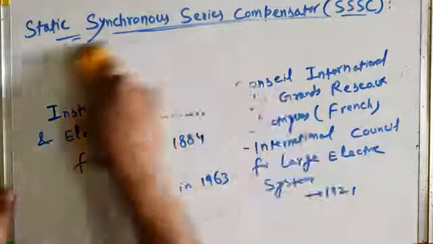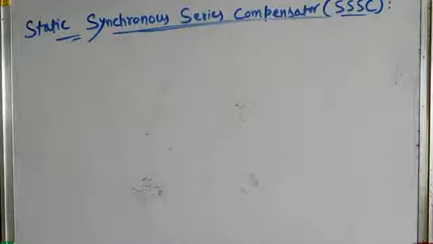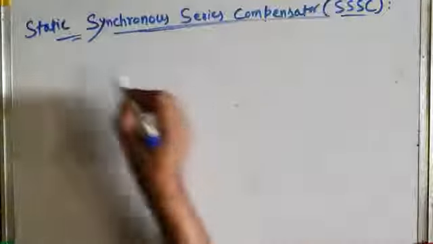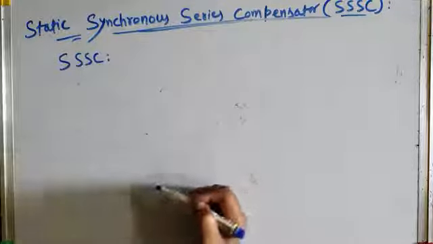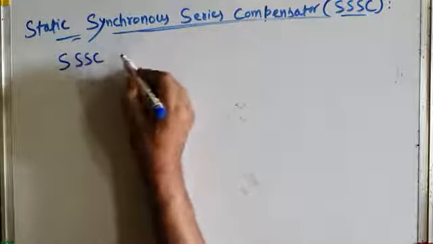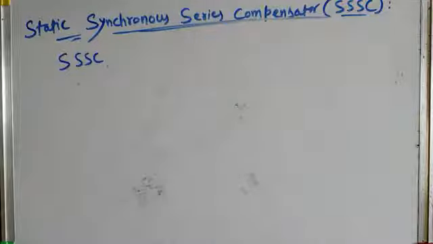These two organizations have given a definition of the static synchronous series compensator. According to them, SSSC is the series reactive compensation scheme using a switching power converter as a synchronous voltage source to produce a controllable voltage in quadrature with line current.